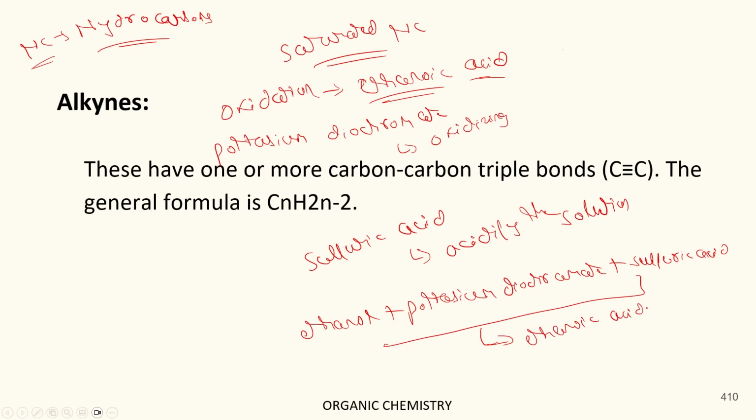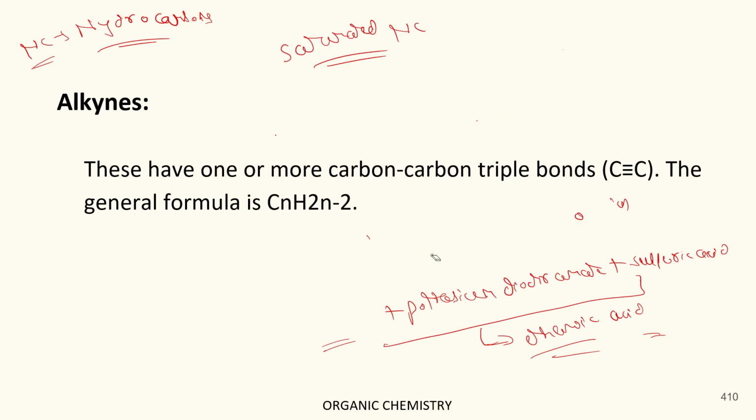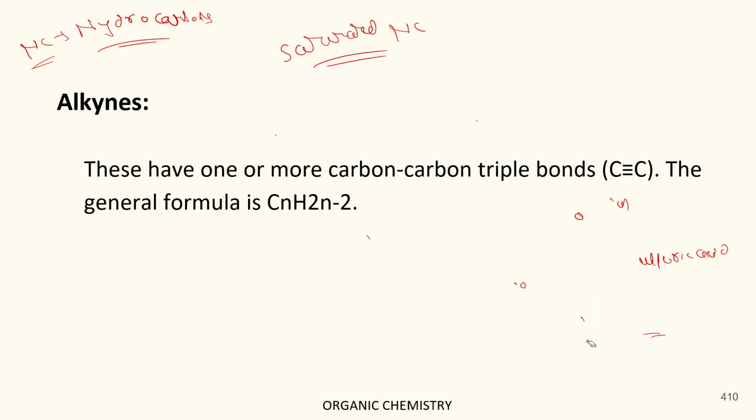In this scenario, ethanol is the base for ethanoic acid. Potassium dichromate is used for oxidizing the reaction, and sulfuric acid is used to acidify the reaction. Got it? So it is an example of oxidation for the saturated hydrocarbon.